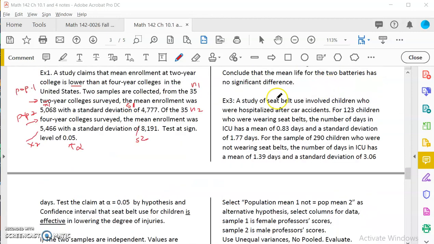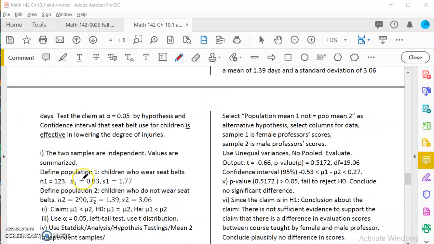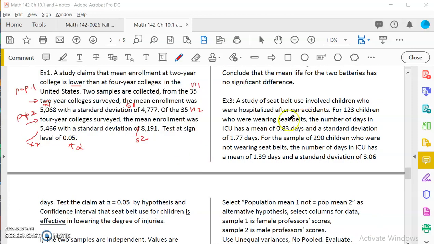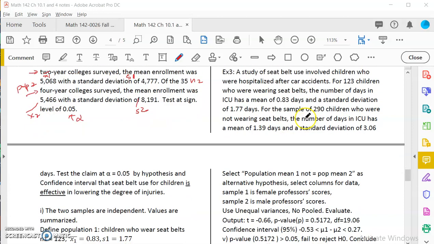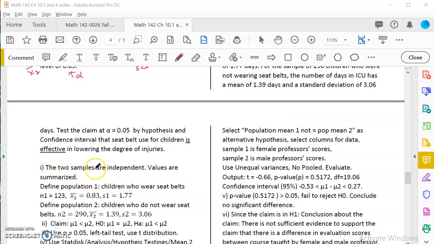Because they're written in a paragraph, we copy them down and define the two populations. The question talks about children that use seatbelts first, so that would be population 1. We want to do a hypothesis test that seatbelt use is effective in lowering the degree of injuries. See how they don't tell you greater or less than.